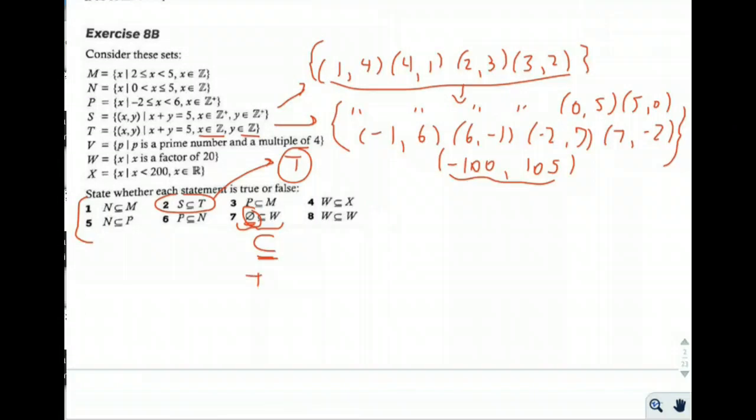Okay? And now what about W is a subset of itself? Yes, it is, because W has the same elements that W has. So if it has every single element, then yeah, as long as the horizontal line is there, we can consider it a subset. So that is also true.